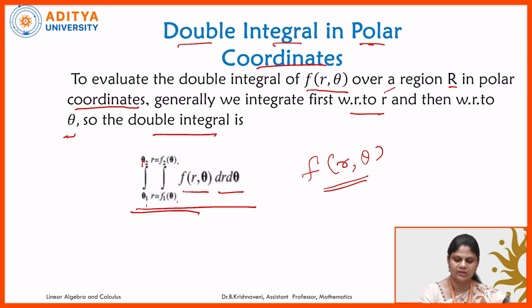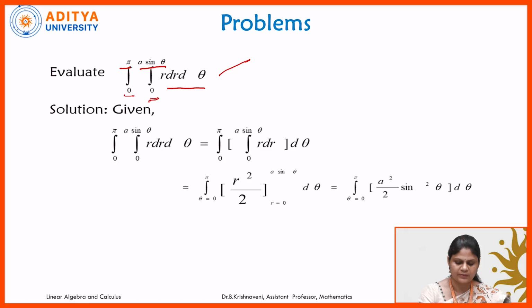In a very few cases the order will change, but mostly we will integrate first with respect to r only, then with respect to theta. So the first limits are the r limits, that is from 0 to a sin theta, and the second limits are the theta limits, that is from 0 to pi.